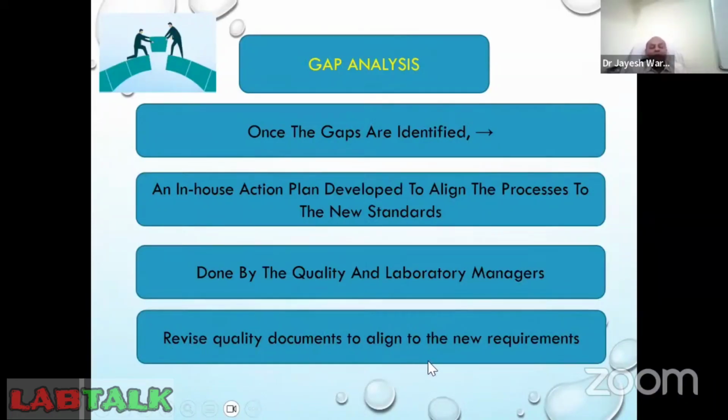This can be done only after having an appropriate action plan to align with the new standard.